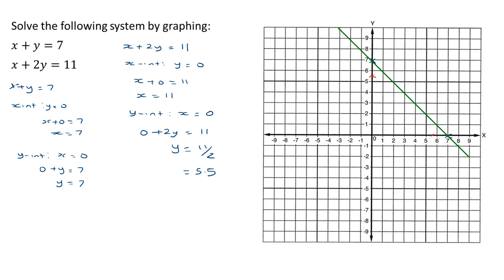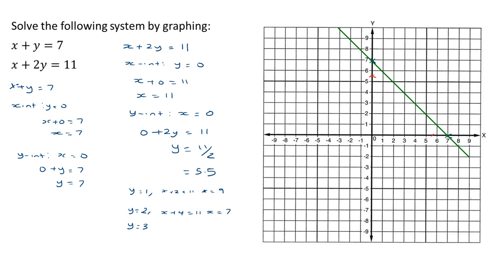Let's look for the value of x when y is, let's try y equal to 1, y equal to 2, y equal to 3, and see what we get for the value of x. Y equal to 1, so we have x plus 2 equal to 11, so x equal to 9. Y equal to 2, x plus 4 equal to 11, so x is 7.